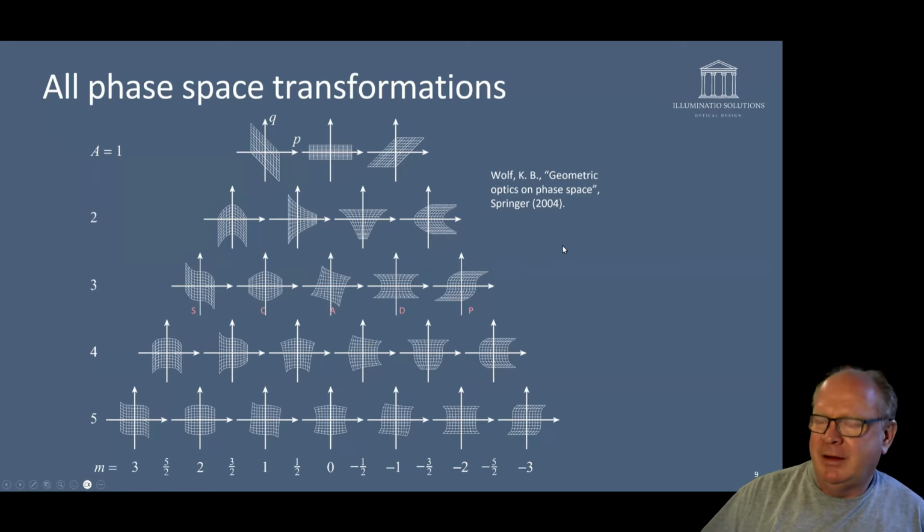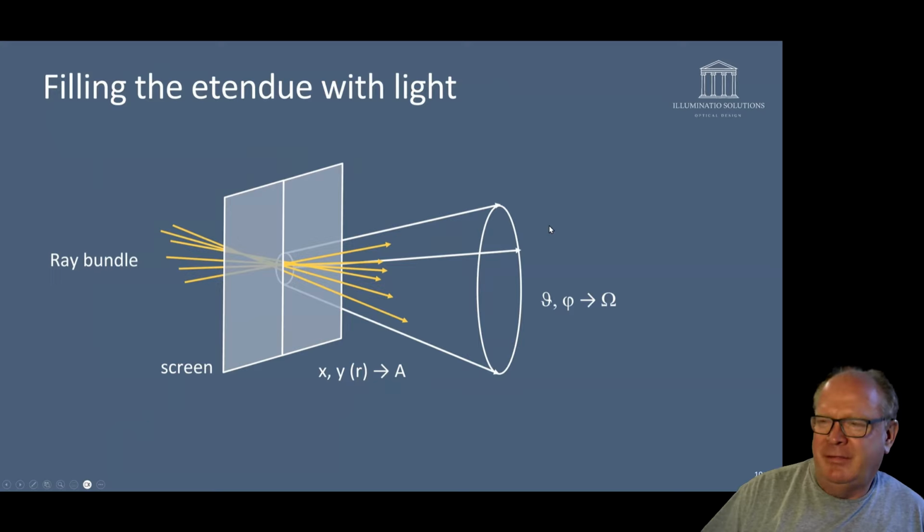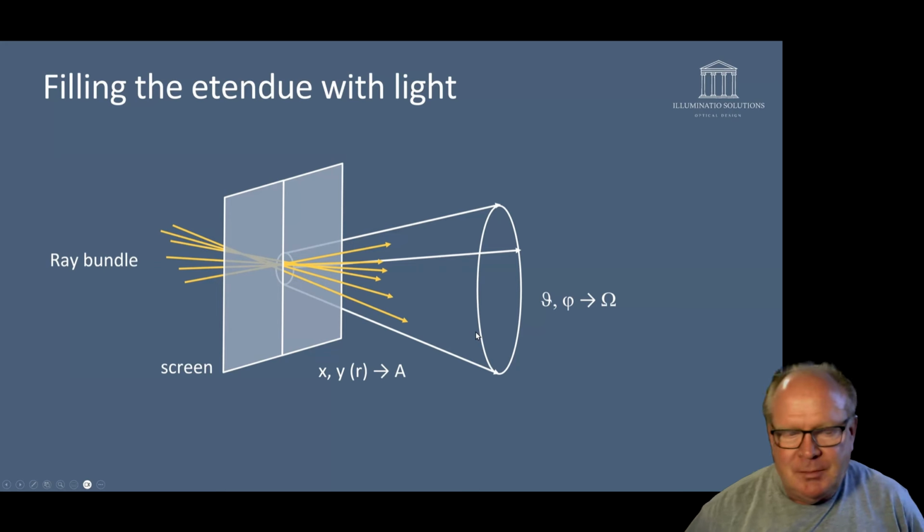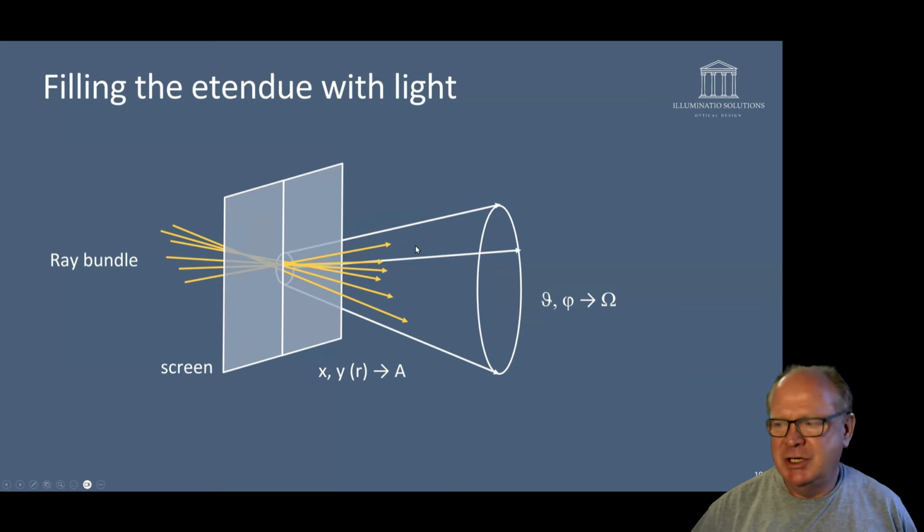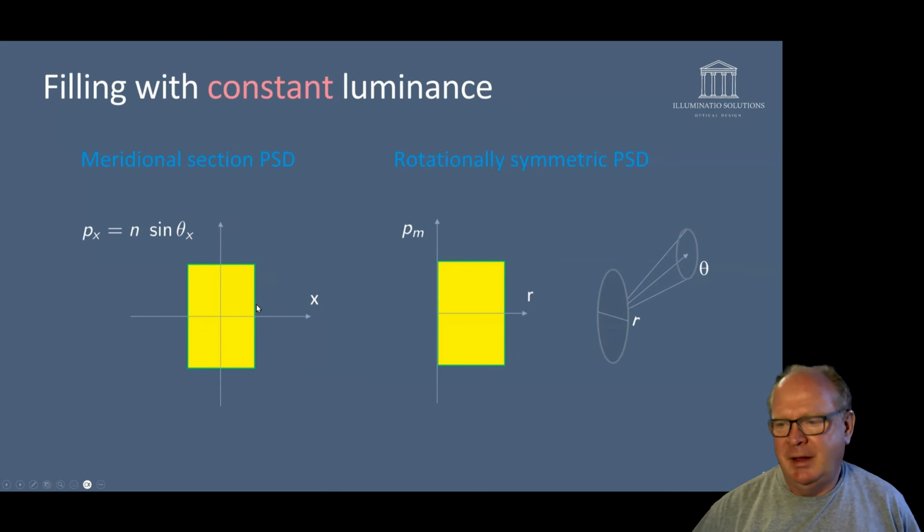Okay, let's go ahead, and we fill the Étendue with light. So now we have some rays inside our Étendue, which are given some energy, and so in the end we have light in the Étendue. In the phase space diagram, it looks this way. So I can take light of constant luminance, so I would fill my Étendue constantly.